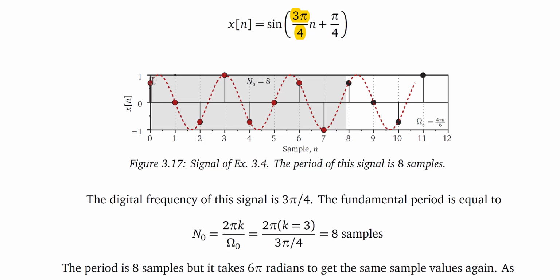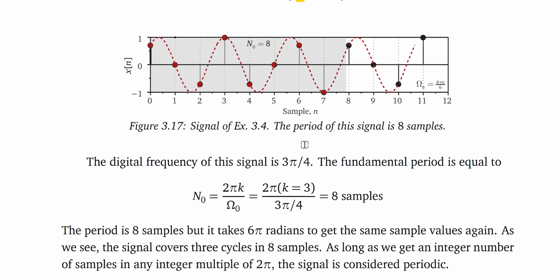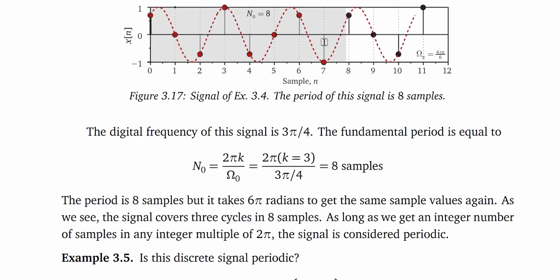That means that it takes 8 samples for this signal to repeat. It does not repeat in one period of sine as you would think. So in this case, the period is 8 samples, and it takes more than 2 pi to get to that. In fact, it takes 6 pi to get to a point where the signal repeats.